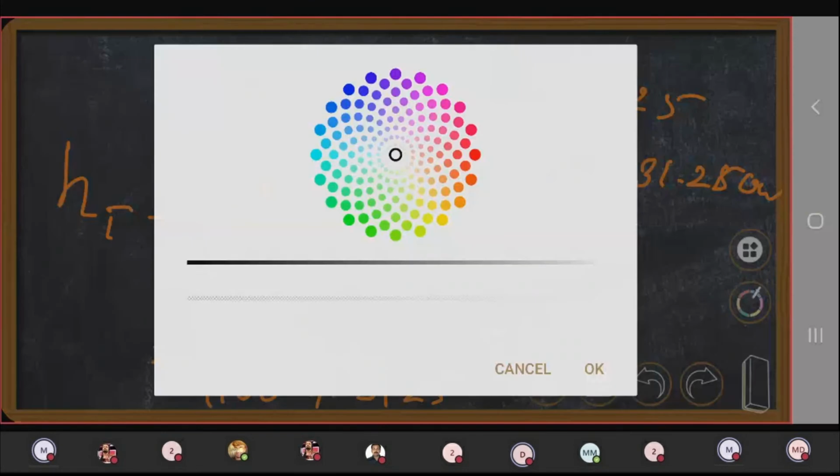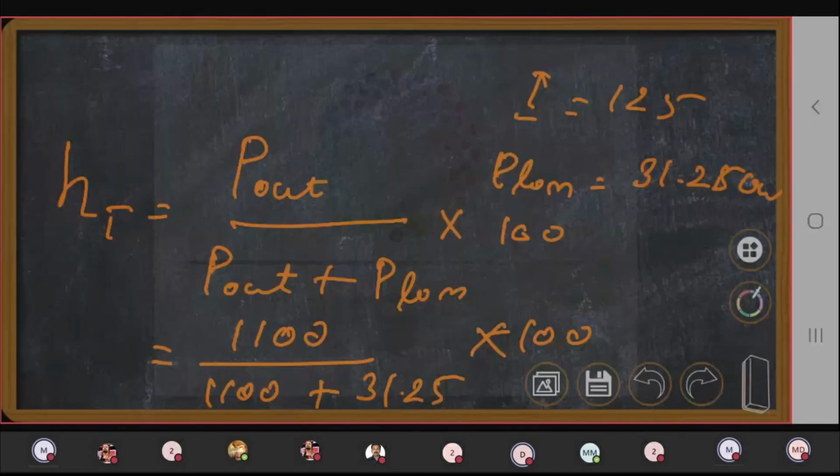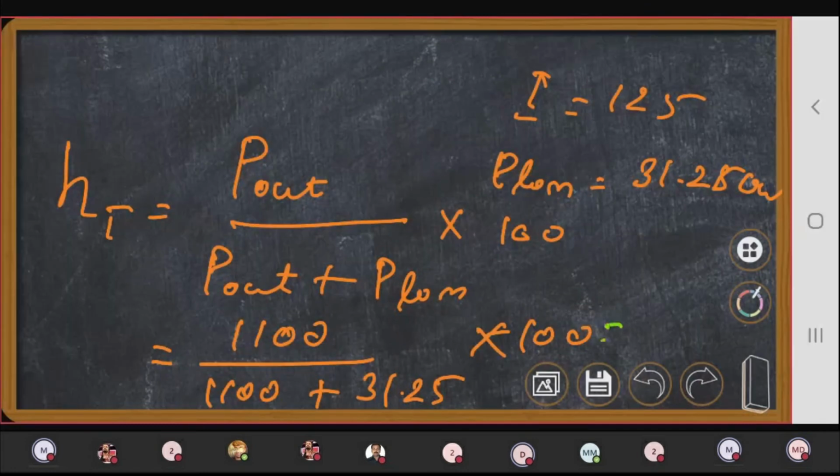So you may have the answer in terms of percentage. Approximately you may get 97.24%. So option A is the correct answer.